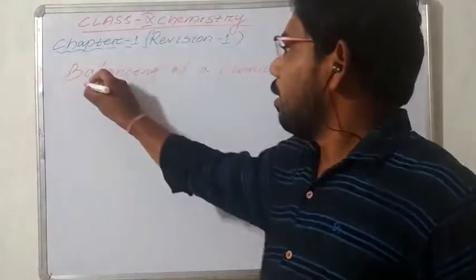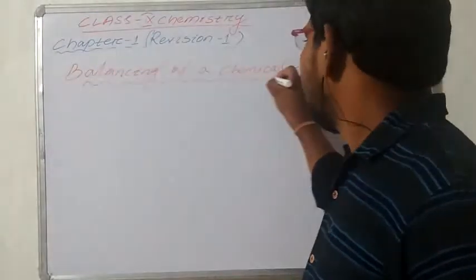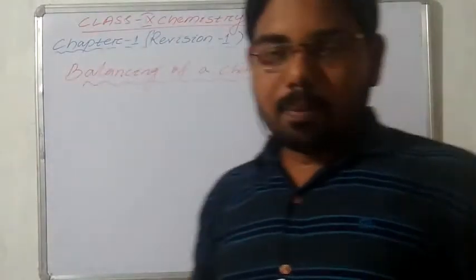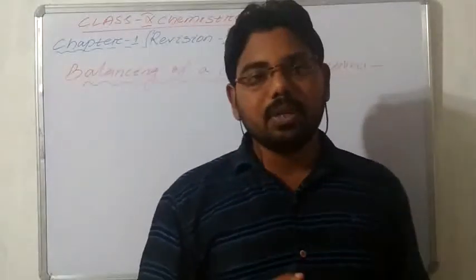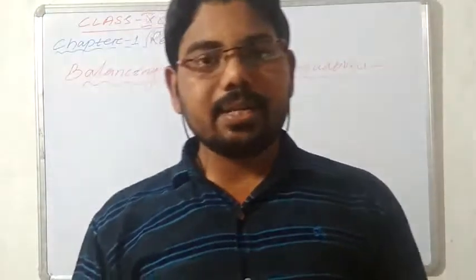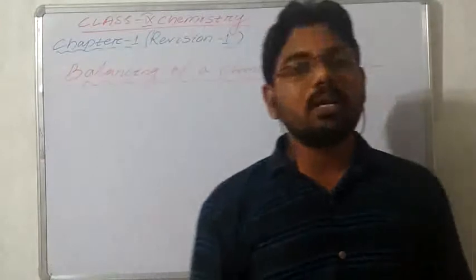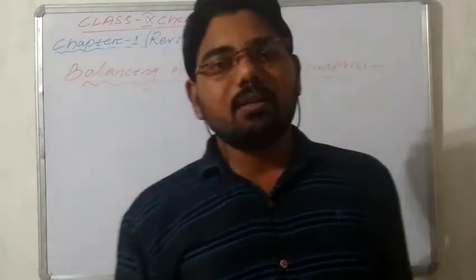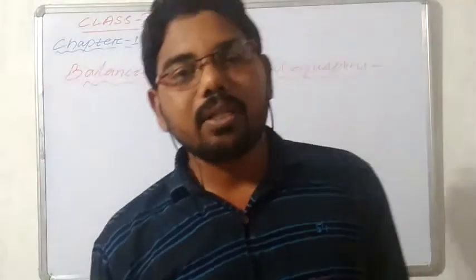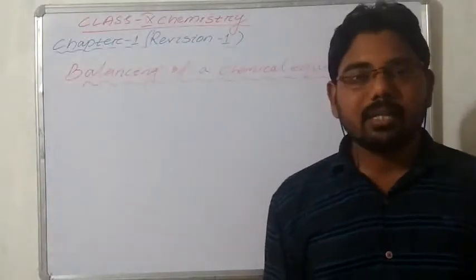Balance means the total number of individual atoms on the reactant side must be equal to the total number of individual atoms on the product side. Then it is called a balanced chemical equation.